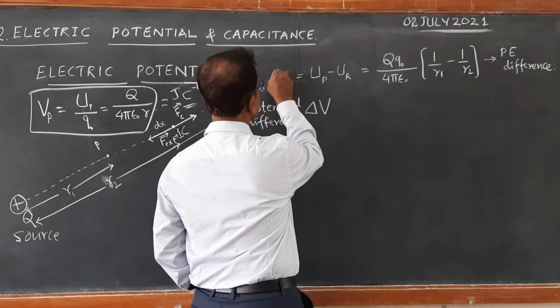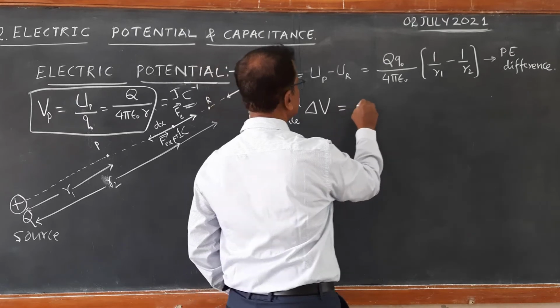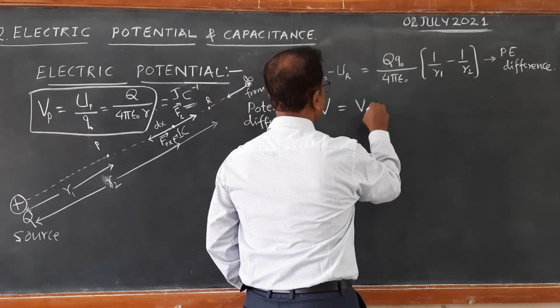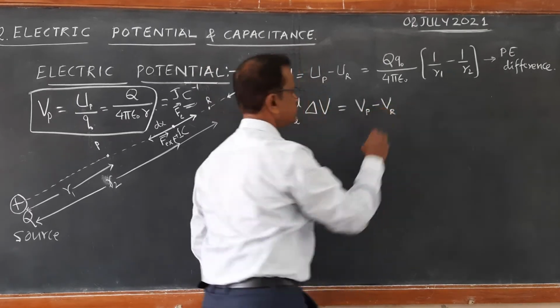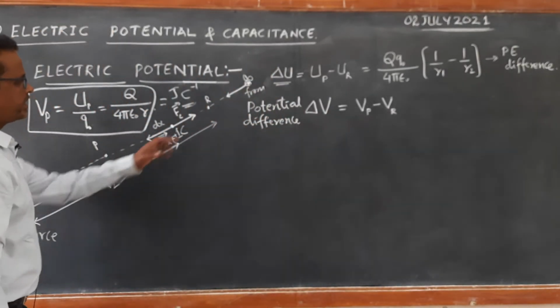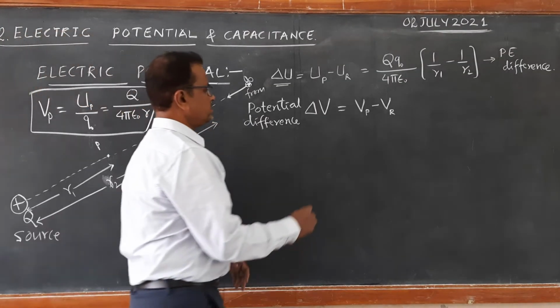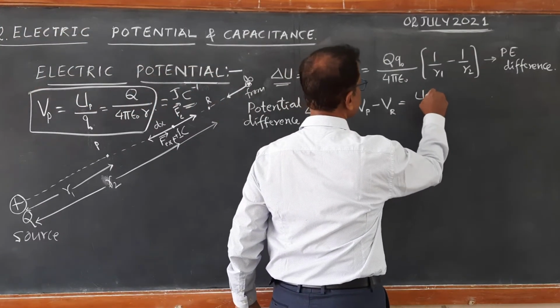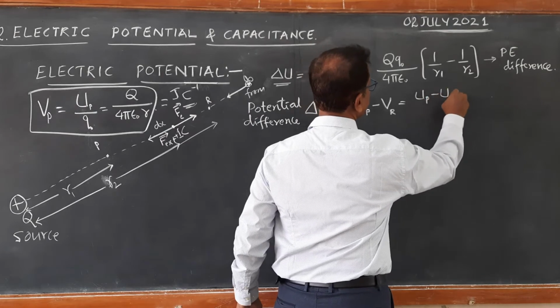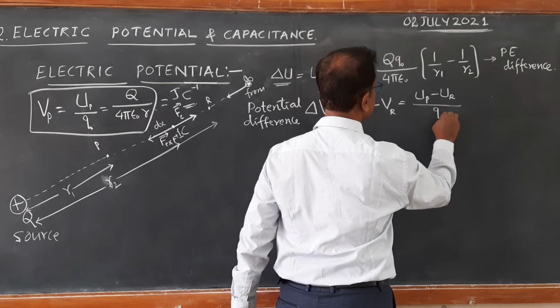you can take it as the potential energy difference, delta U. Delta V is equal to Vp minus Vr, where Vp is the potential at point P and Vr is the potential at point R. So Vp minus Vr is equal to (Up minus Ur) divided by Q naught.